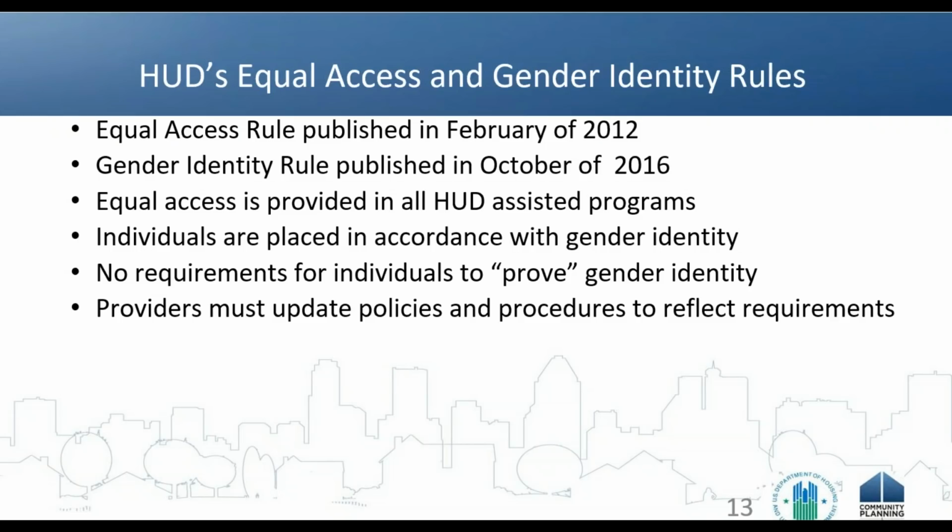But it's helpful to just go over the requirements. So in 2012, HUD published the Equal Access Rule that said across all HUD-funded programs, housing, shelter, whatever, all of them, that equal access had to be granted to anybody regardless of sexual orientation, marital status, or gender identity.